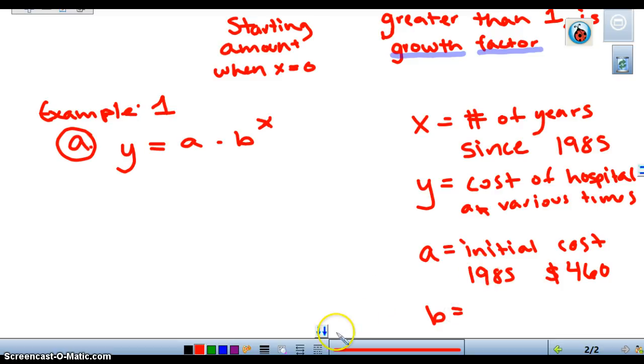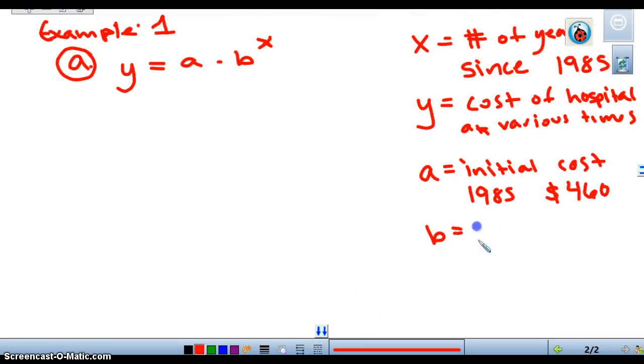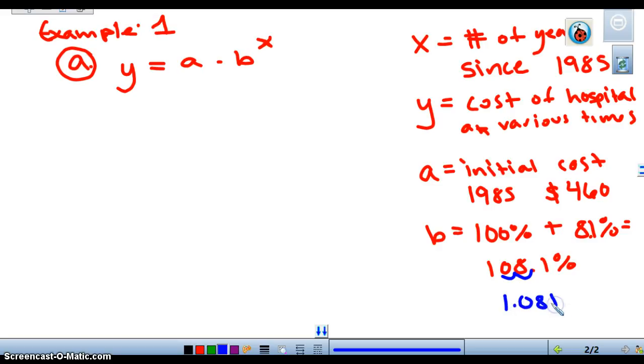It's the growth factor. So b is going to be the 100% plus the growth, and the growth is what? 8.1%. This is equal to 108.1%. Now in order to use this percent, we need to change it to a decimal. So 1.081.